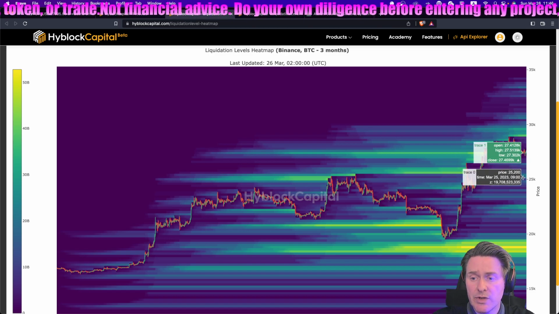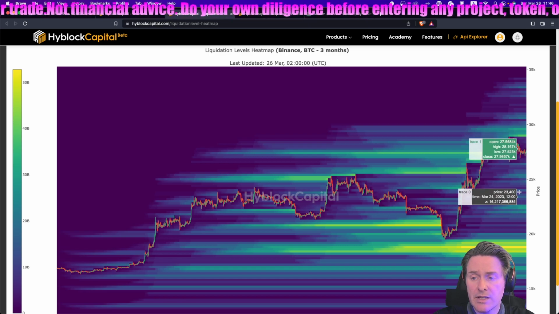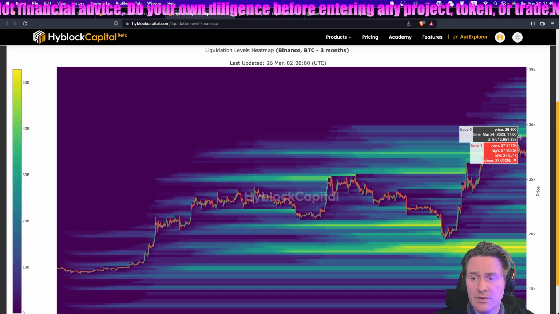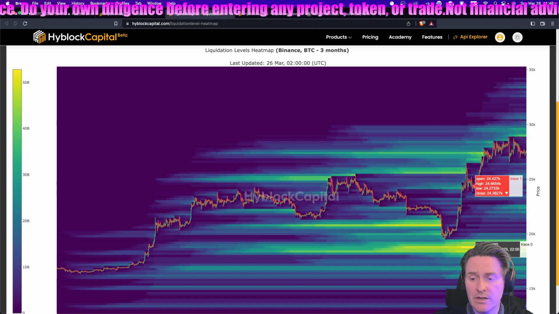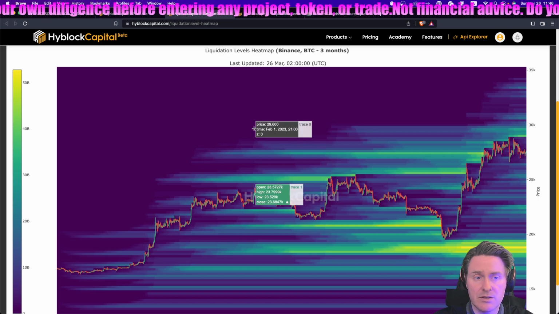So as they start to cake up this long liquidity down here, as this gets thicker and they start knocking out these pools, the imbalance starts to form for the narrative to shift and start heading back this direction.